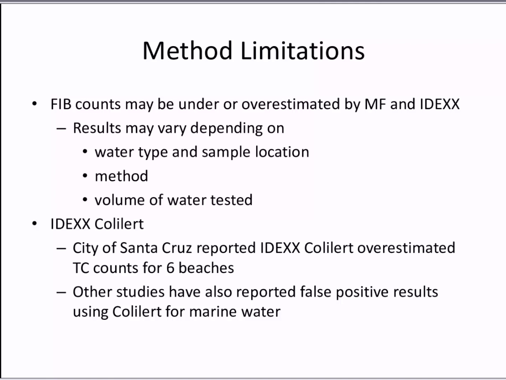And the counts actually differed between methods by up to 2 log, which is significant. Other studies have also reported false positive results using Colilert for marine water. Now I'm saying this is what they found at those particular beaches. That might not be the case for your beach.